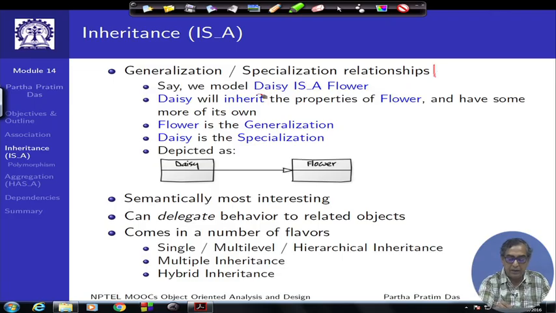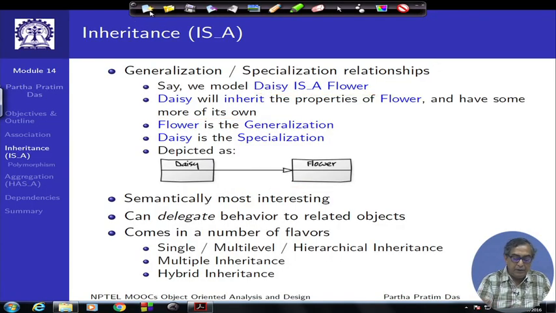We have just seen, if we model daisy is a flower, then it means that daisy will inherit all the properties of the flower, but daisy may have some specific properties, some additional properties of its own. So, that is the basic principle of inheritance, that you inherit everything from the superclass and you may add some more properties of your own.